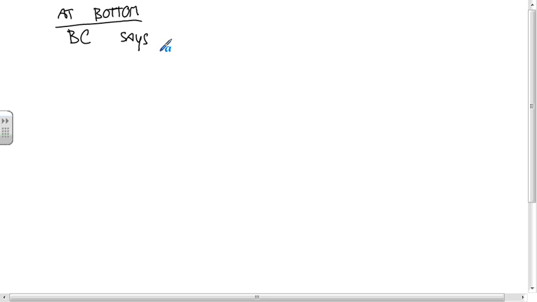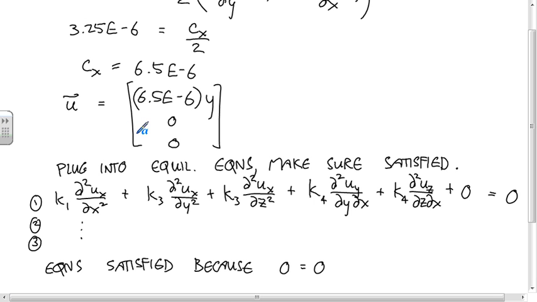It's fixed to the floor. So does our function for displacement satisfy that? Yep. Y is equal to 0, so you have 0, 0, 0.